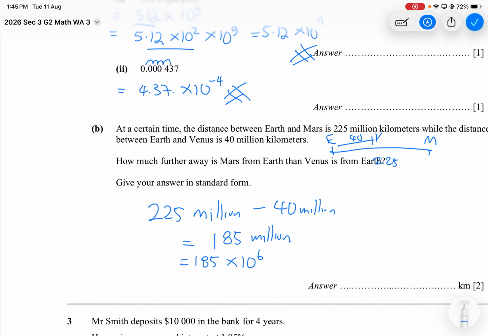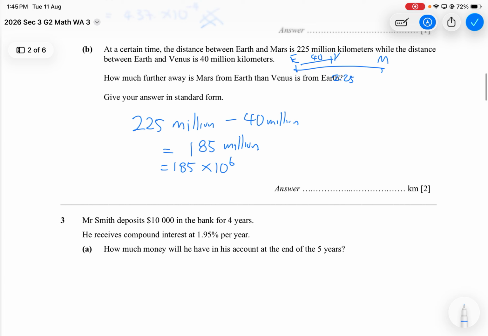You want to change it to standard form, your 185 must change to 1.85. But 1.85 means my 1.85 must times 10 to the power 2. Okay? Then the 10 power 6 is still behind. Then I need to combine them together. My final answer is 1.85 times 10 power 8.